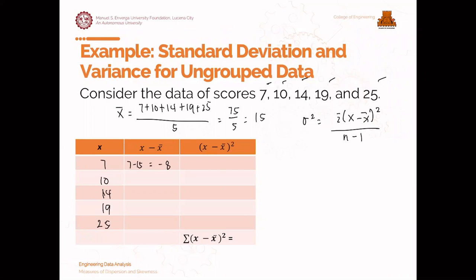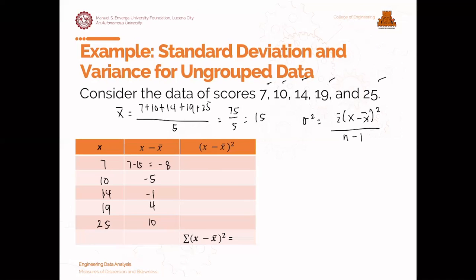So, when we calculate each value in the table, you should have negative 5, negative 1, 4, and 10. Okay? Then our third column is just the same as the second column. The only difference is that we square the value.